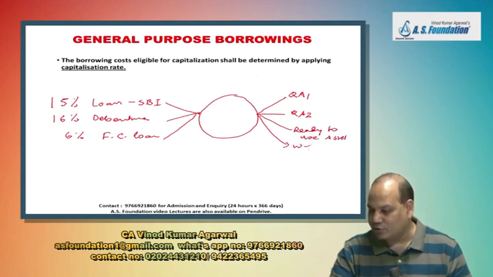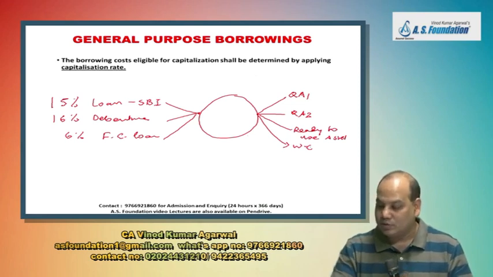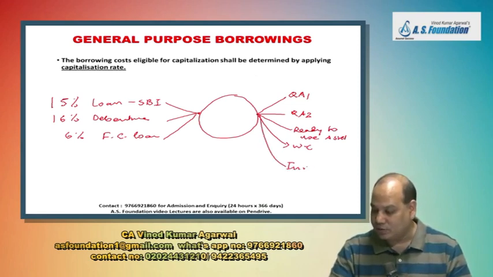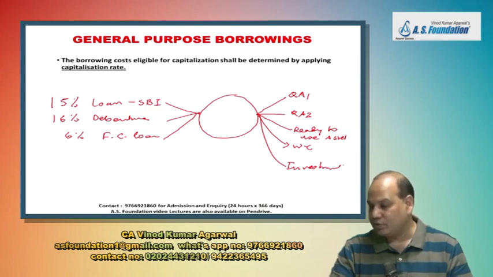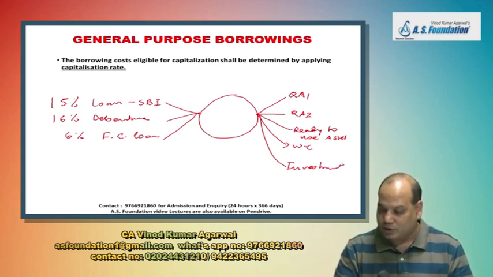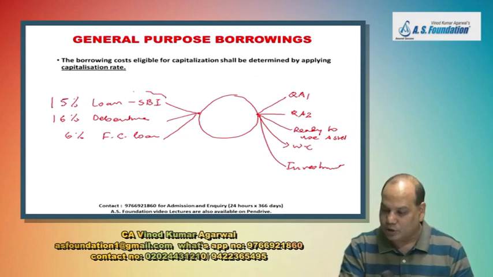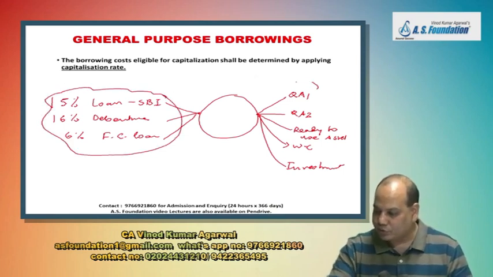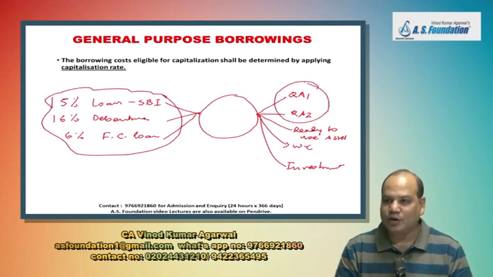Some amount may be used for working capital. Some amount may be investment. Just example. But one thing is sure, that the level of borrowing would have been lower, the qualifying asset would not have been there. But I don't know which loan has gone for which qualifying asset.